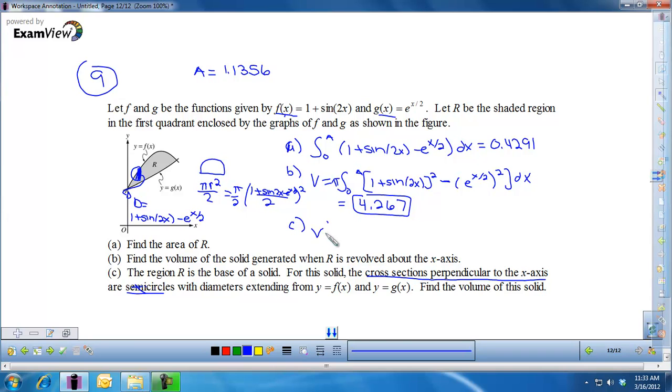To find the volume, again, I'm going to go from 0 to A of pi over 2 times 1 plus sine of 2x minus e to the x over 2, divided by 2 squared. And don't forget your dx, because that would be the height of the semicircles, and that turns out to be 0.07765.